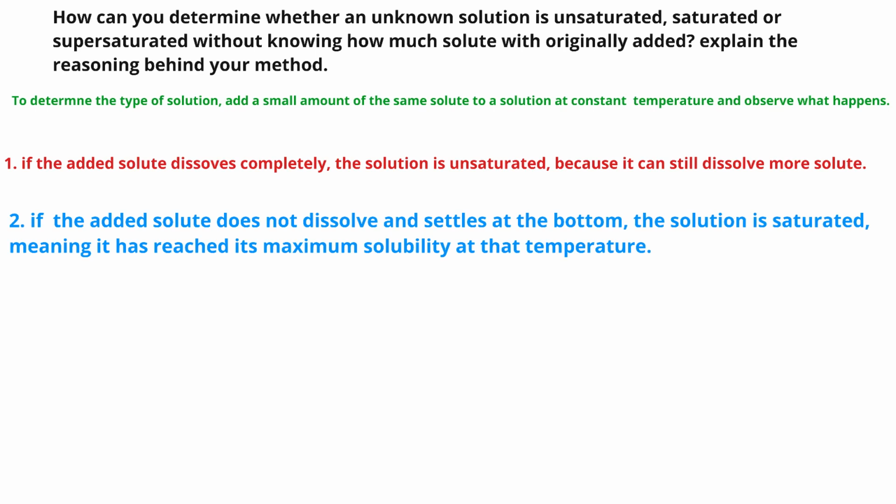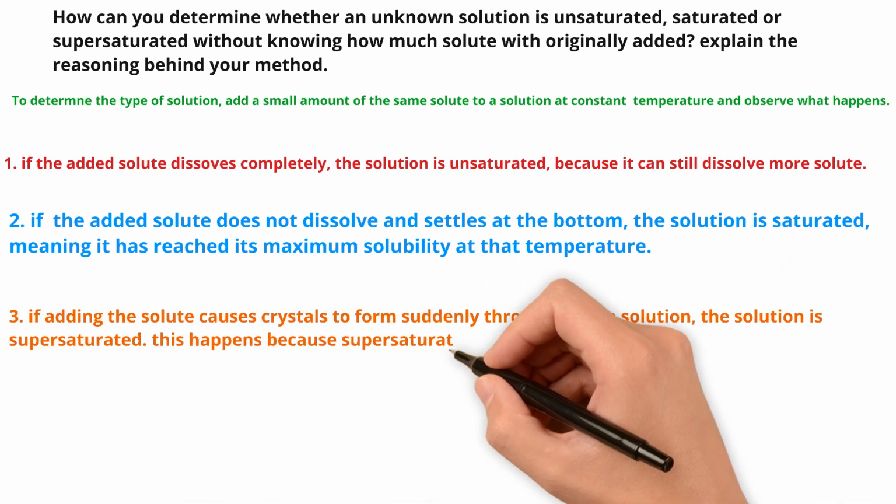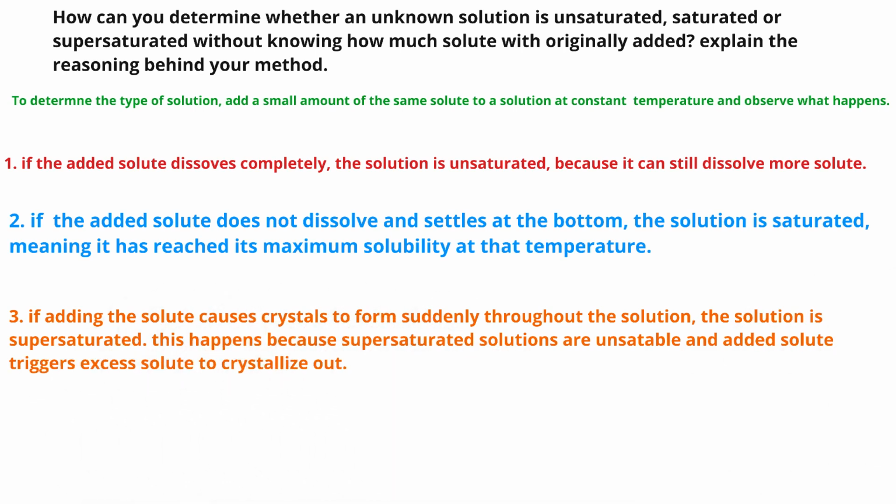And such a solution we call saturated solution. If adding the solute causes crystals to form suddenly throughout the solution, it is supersaturated. This happens because supersaturated solutions are unstable, and added solute triggers the excess solute to crystallize out.